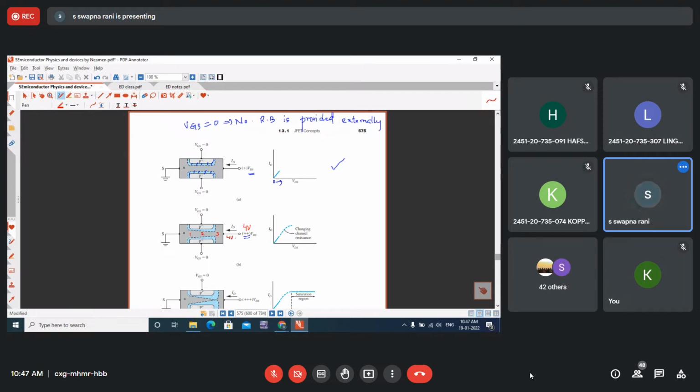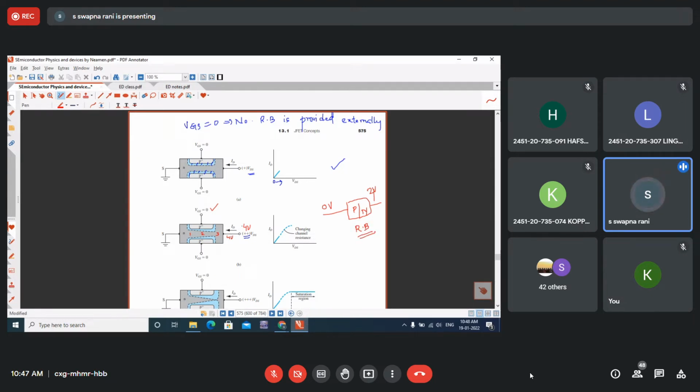Now if you observe the PN junction, P is at 0 volts, that is the gate voltage. P is connected to the gate terminal, so the voltage is 0. On the N side, a positive potential is there. If the P side is at less positive potential compared with the N side, we say that this junction is in reverse bias.